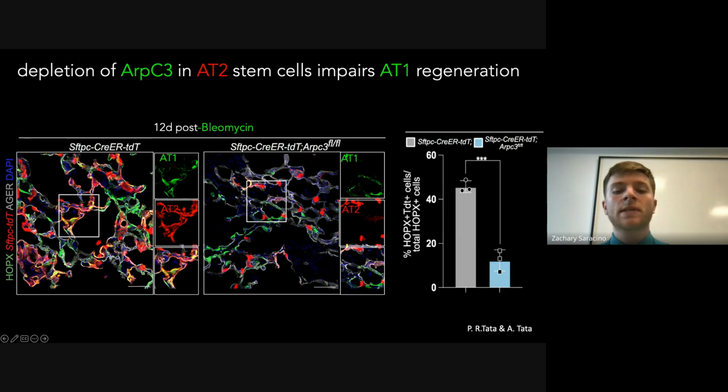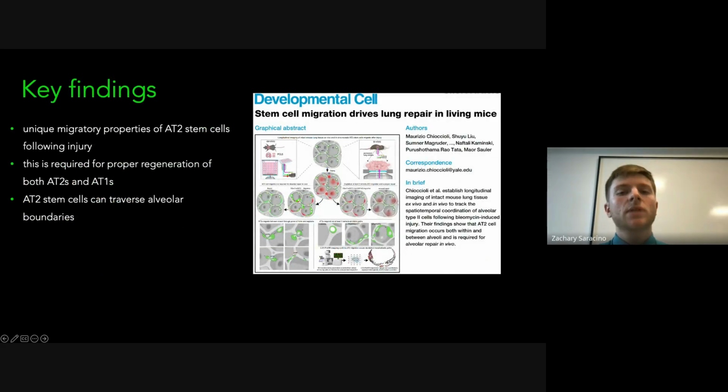And so we used bleo in this experiment, and it turns out that when you deplete ARP-C3 in floxed mice, which, by the way, is a protein involved in a complex that nucleates and helps polymerize actin, AT2 shape remains cuboidal, as it does not have the ability to migrate to the site of injury and differentiate into an AT1 cell, as indicated by the decrease in HOP-X and tomato-positive cells compared to the unfloxed mice, which you can see in the plot on the bottom right. Next slide, please.